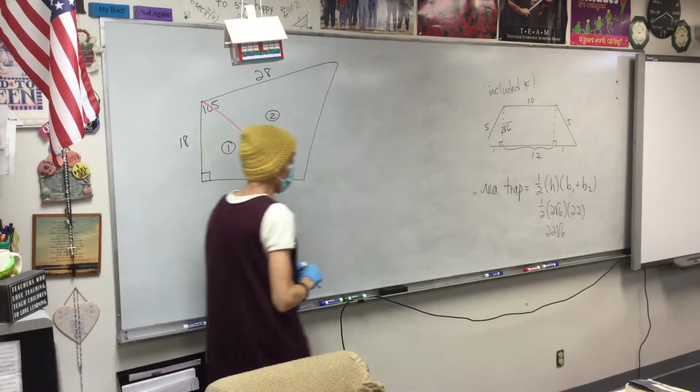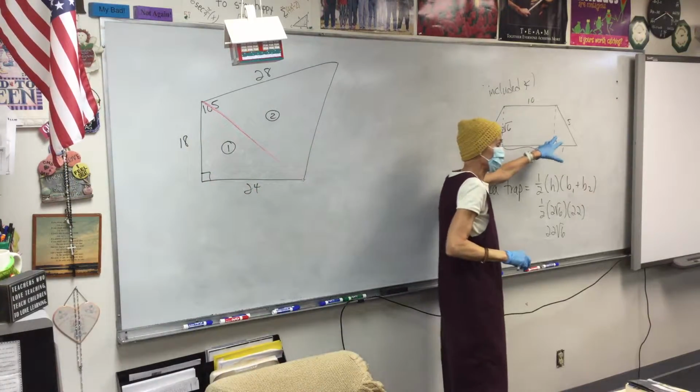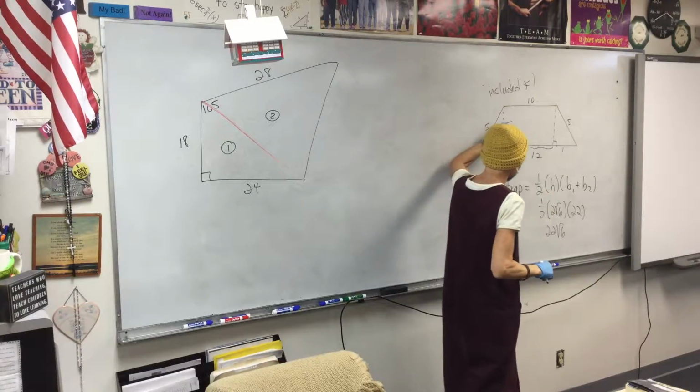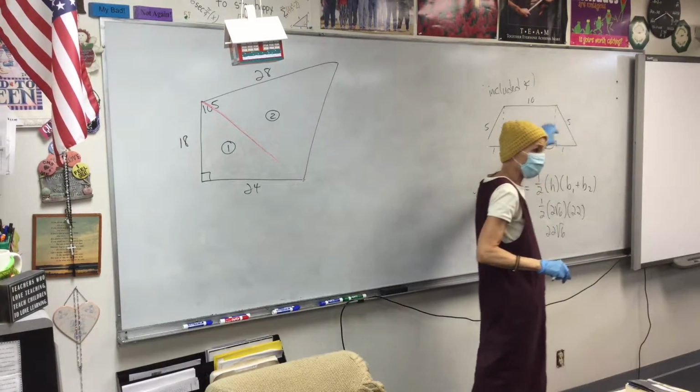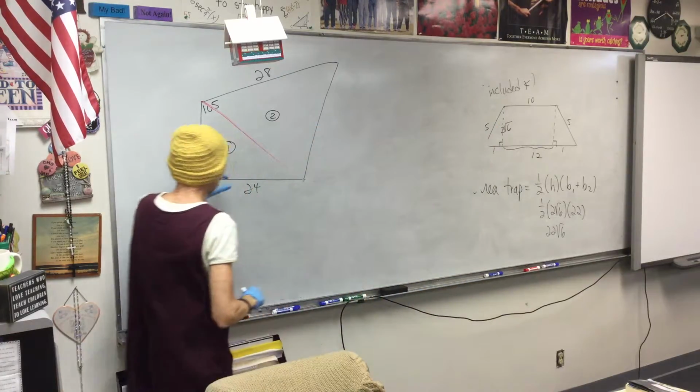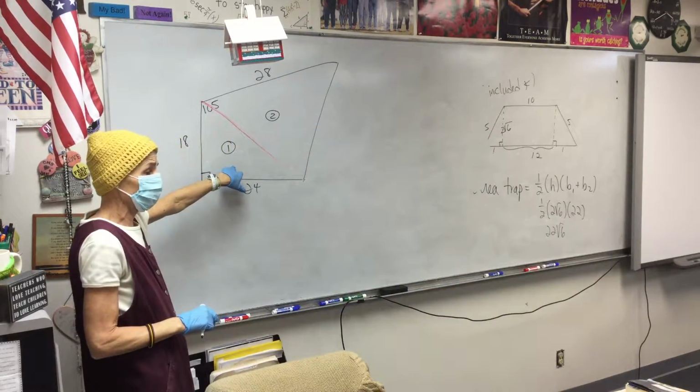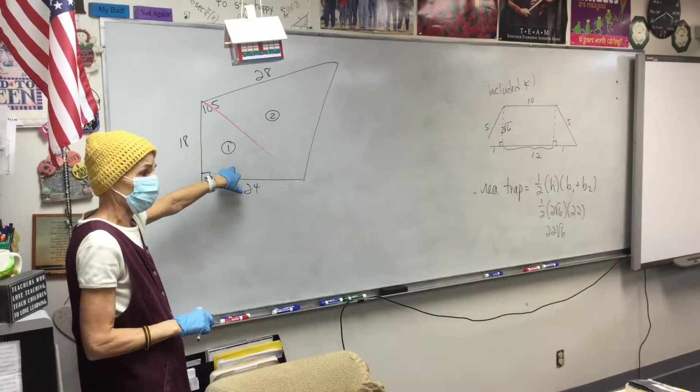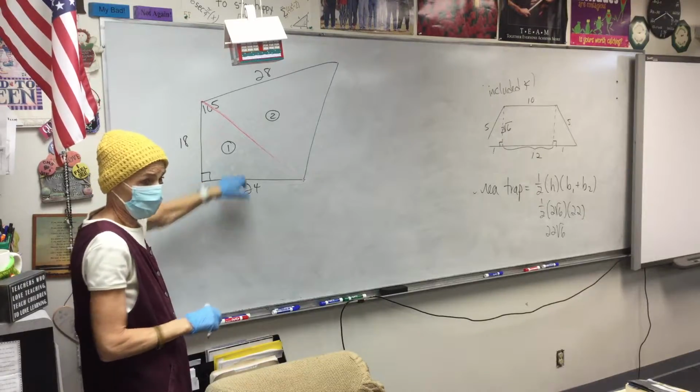Now remember how in this problem when we didn't remember the formula, we split it up and found the area of each piece and then added it all up? Let's try that here. Did we find the area of this triangle? Yeah, this is a simple one.